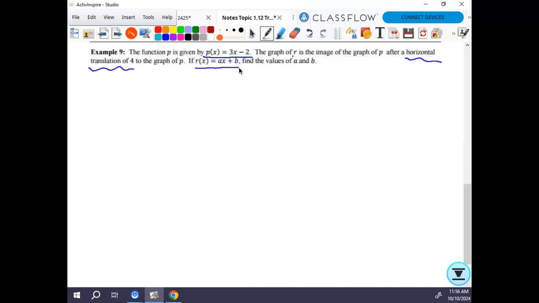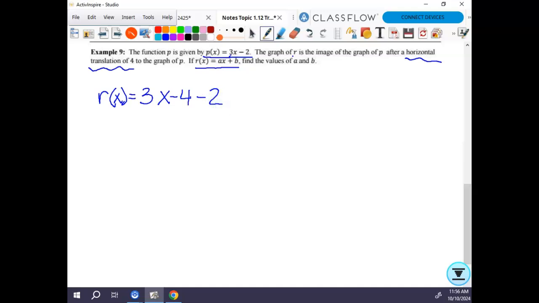So if I have a horizontal translation of 4, does that affect x or y? X. And if it's a translation of 4, which direction am I going? To the right, yes? So in the equation, I actually write x what? Minus 4. Okay, so I'm going to have r of x, and that's equal to, and I'm transforming this one, so 3 times x minus 4, and then a minus 2.